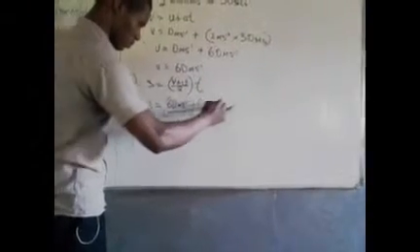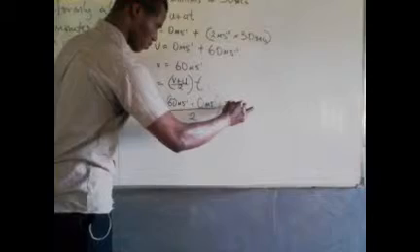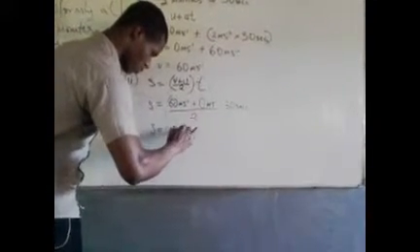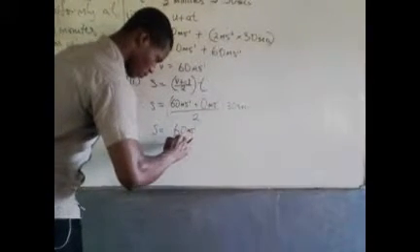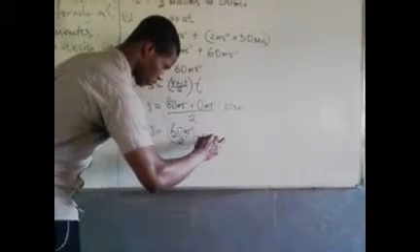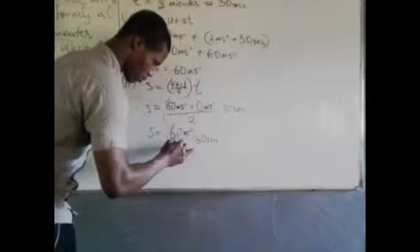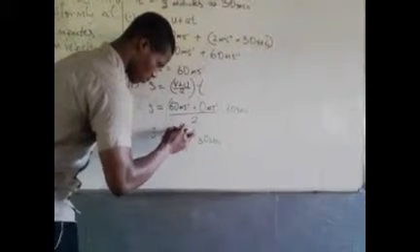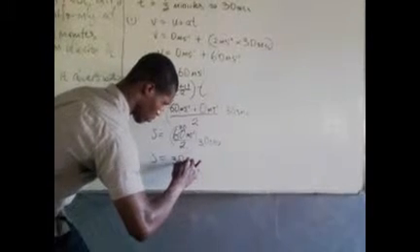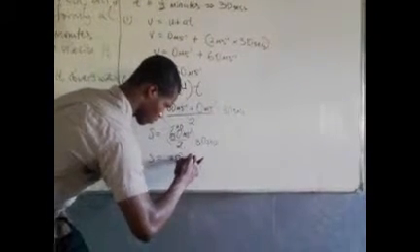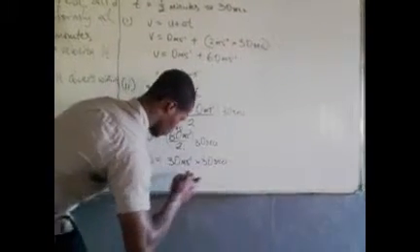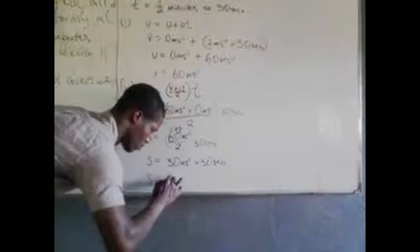That gives S equal to 60 meter per second all over 2, times 30 seconds. 2 cancels 60 to get 30. So S equal to 30 meter per second times 30 seconds. Therefore, S equal to 900 meters. So the distance covered is 900 meters.